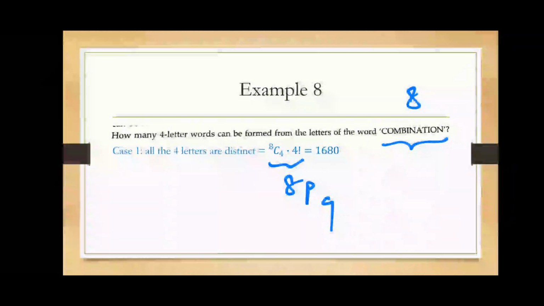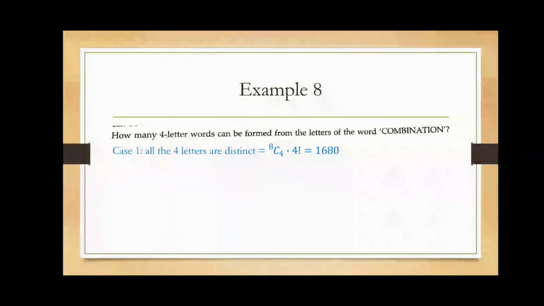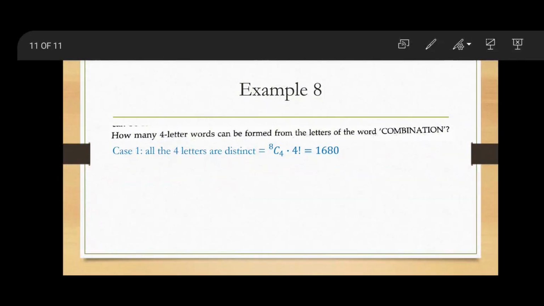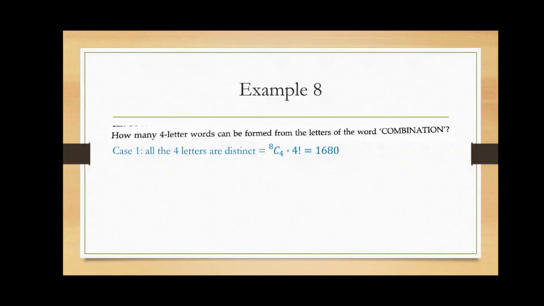In the second case, we are taking 2 similar letters and 2 distinct letters. Now in this case, how many pairs of similar letters are there?